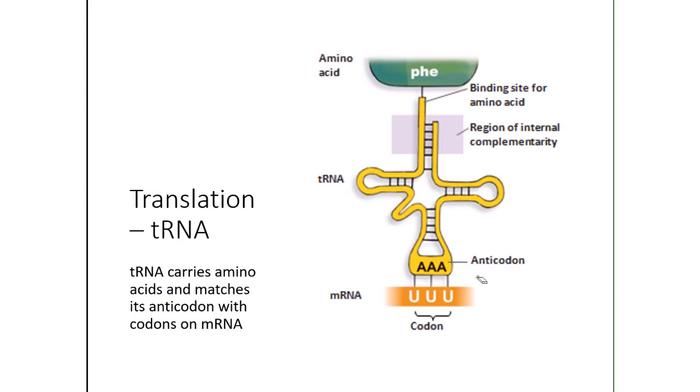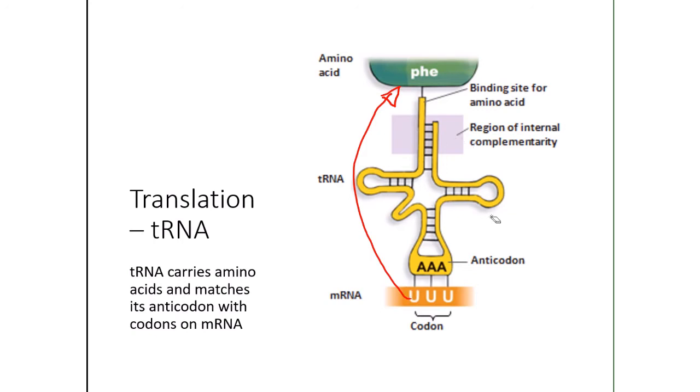So each tRNA is going to be carrying a specific amino acid, and the amino acid that it carries is going to be the same as the codon that is on the mRNA. And so if the anticodon on the tRNA does not match the codon on the mRNA, then the amino acids will not come in.